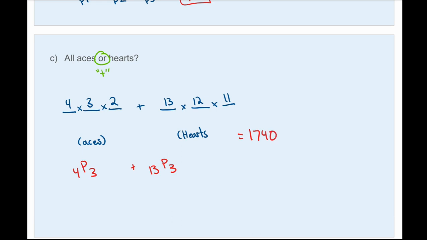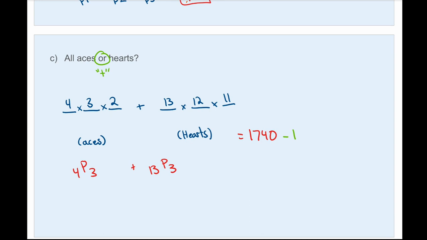Is there anything we are not considering? And there is something that we're not considering, but we would have recognized this again when we've looked at other types of events. In this case, there is an overlap between aces and hearts, and in that case, there is 1 ace of hearts. Because there is that 1 overlap, I still need to subtract that.